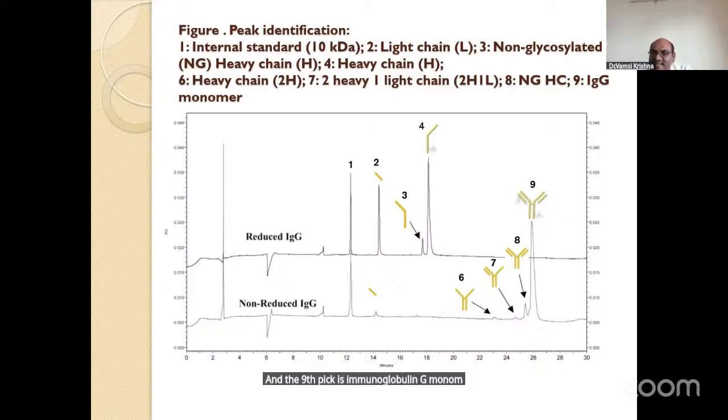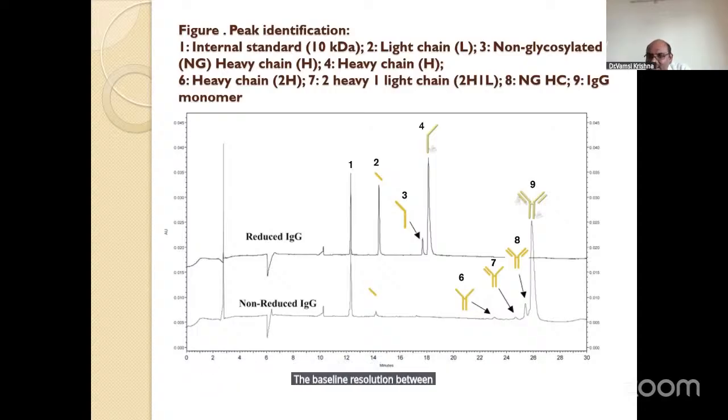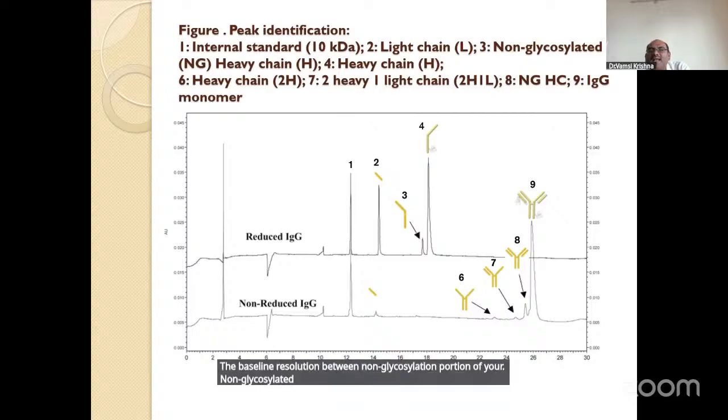The eighth and ninth peaks are our non-glycosylated antibody and intact antibody. In the non-reduced electropherogram, the baseline resolution between the non-glycosylated biopharmaceutical and the simple intact monoclonal antibody is poor.